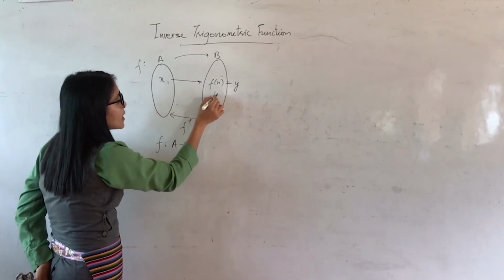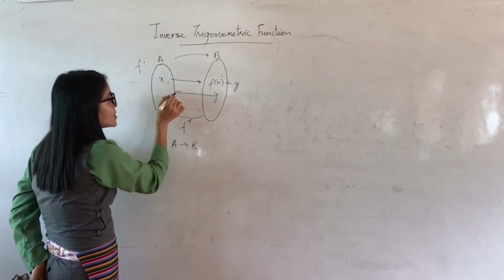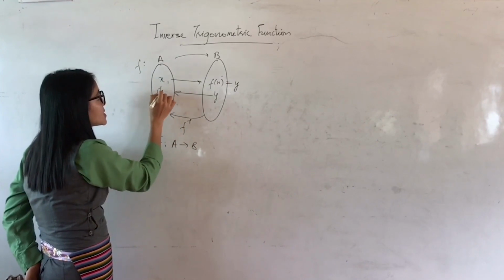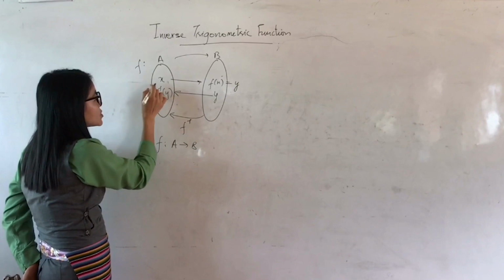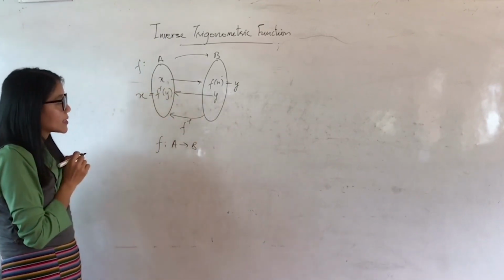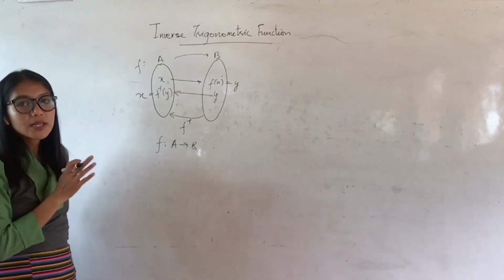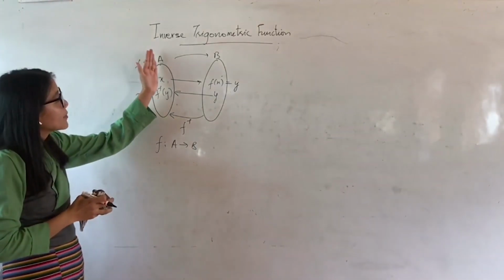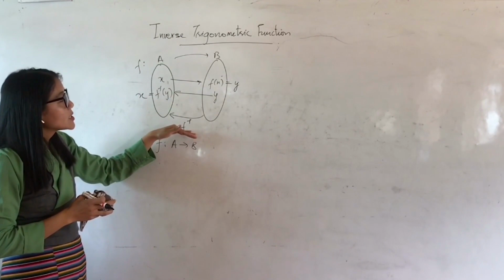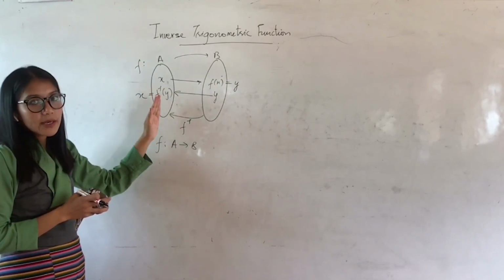If I take an element y here, under this function I get its image in this set, that is f inverse of y, which you can denote by x. So this is the relationship between the function and its inverse. Function f goes from A to B, and f inverse goes from B to A.